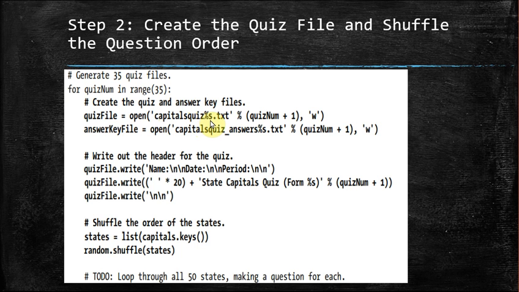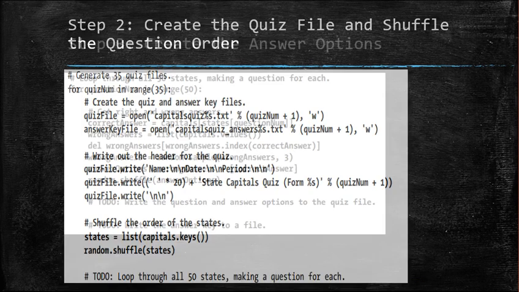The percentage s will be 1, 2, 3, and it goes on changing. Okay, so that is one thing. And next you have to write the header for the quiz. The header for the quiz is nothing but, in your question paper, you should allow space where the student should write his name, and also enter the date followed by the period, that is, which hour it is. Okay, that is the thing we are doing here.